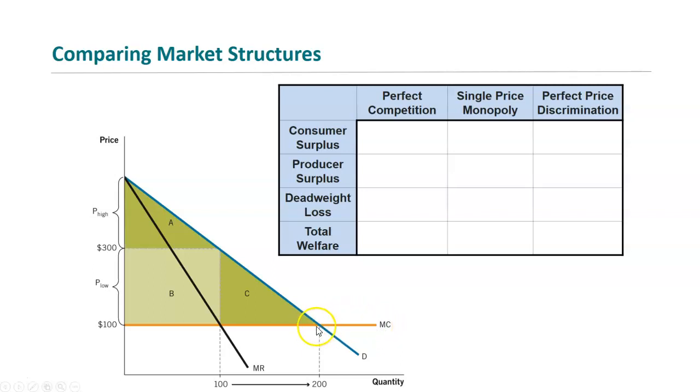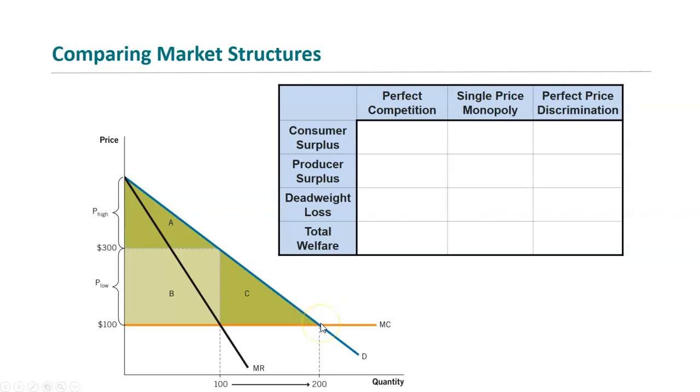This is not the upward sloping supply curve we're used to, but that's okay. We still just look for the place where the supply curve and the demand curve cross. It's right here. In a perfectly competitive market, this market would provide a quantity of 200 and charge a price of 100, at that market equilibrium point where supply crosses demand.